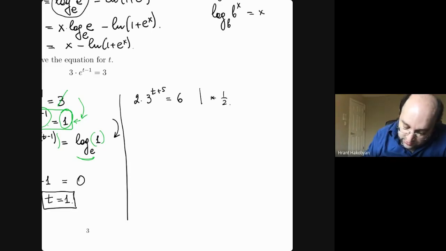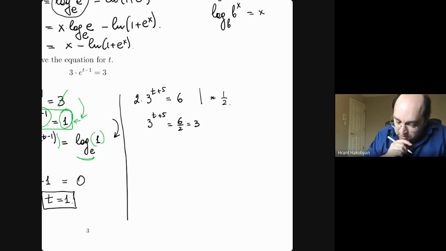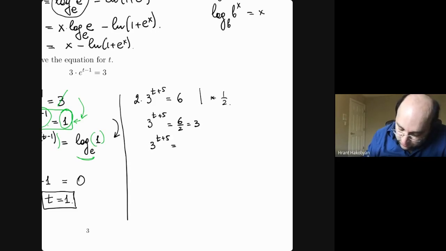I get 3 to the power t plus 5 is equal to 6 over 2, which is 3.